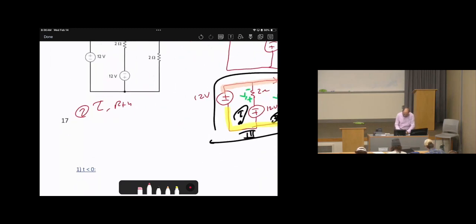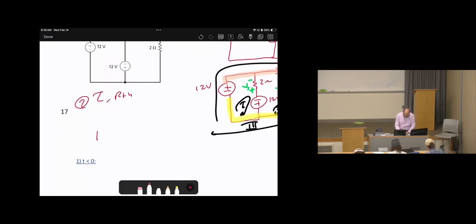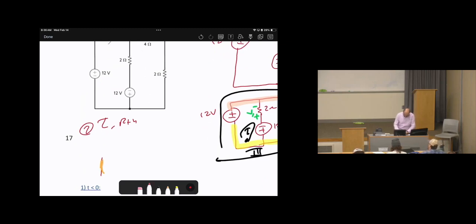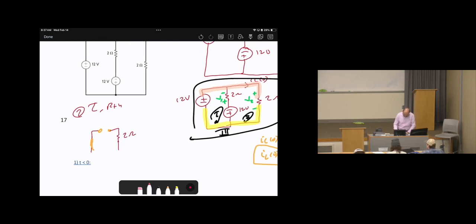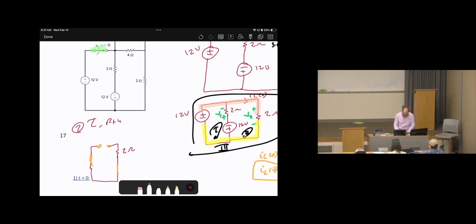So the 12 volts voltage source is a short circuit. The final switch status is open. Here is the 2 ohms resistor. The other 12 volts source is also a short circuit, because any voltage source becomes a short circuit. With the final switch status, the 4 ohms resistor remains and the 2 ohms resistor remains.